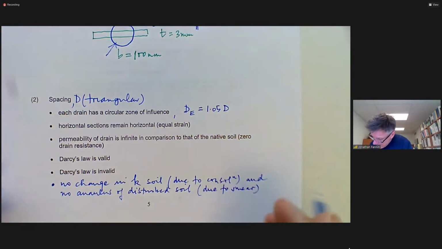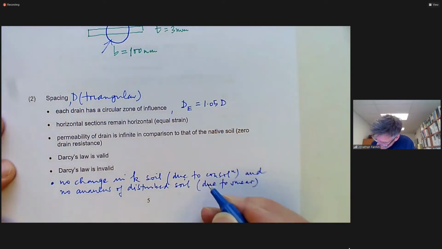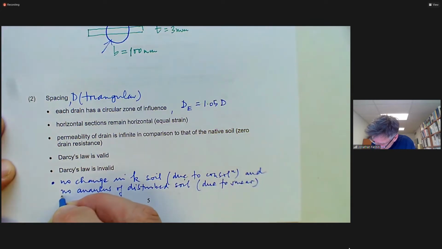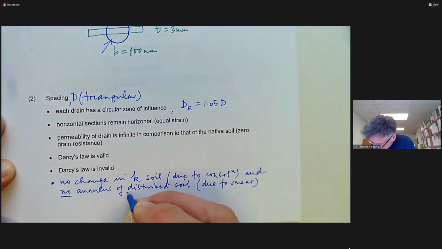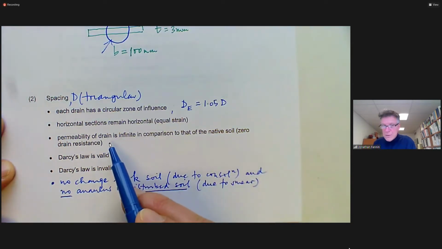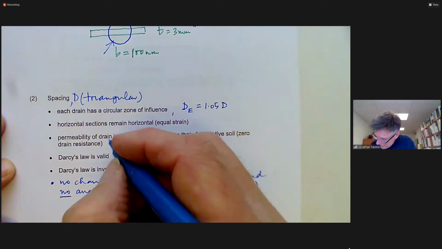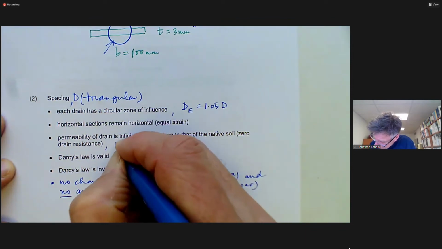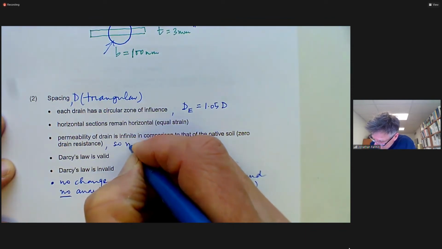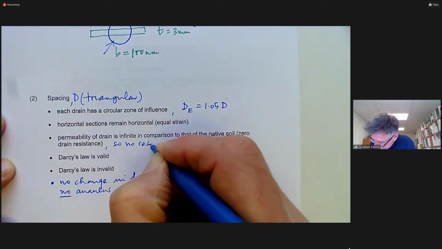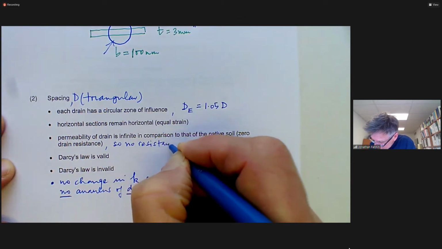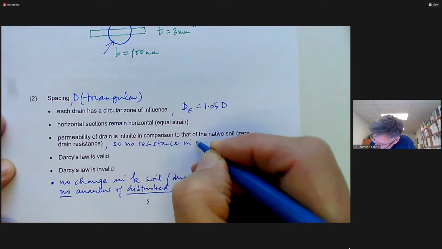Let's go in here. I'm going to capture the note. So no disturbed soil. Permeability of the drain is infinite. I'm going to say effectively no resistance in the drain.